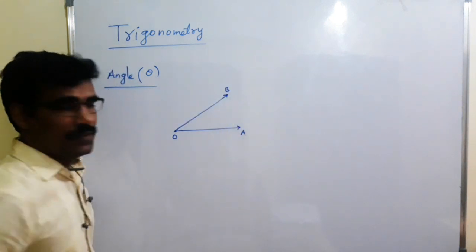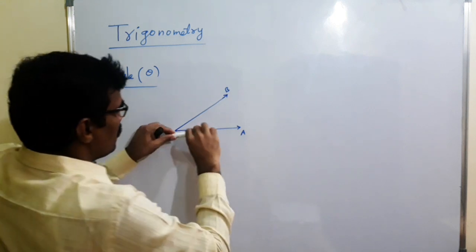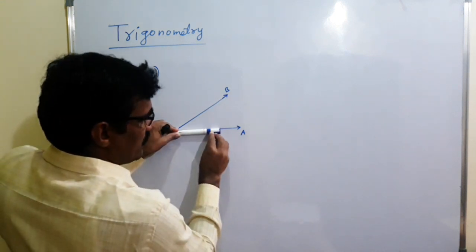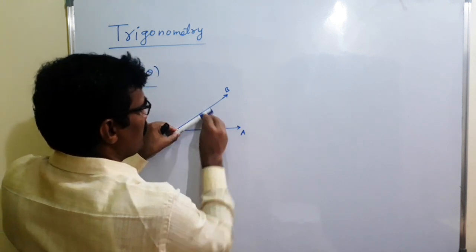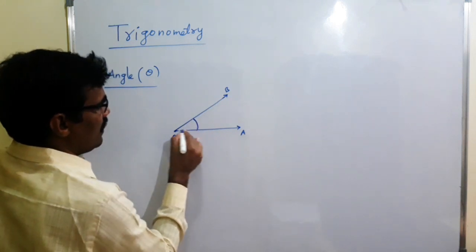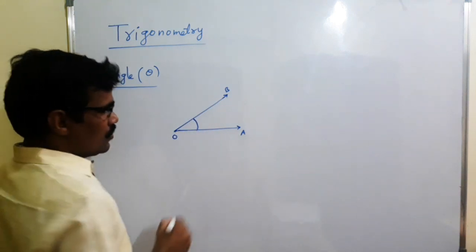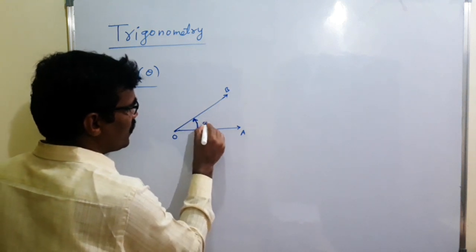OB, other side. So here suppose this ray is rotated from one side of angle to other side. It is said to be angle. This is the angle. So here, is it positive angle or negative angle?